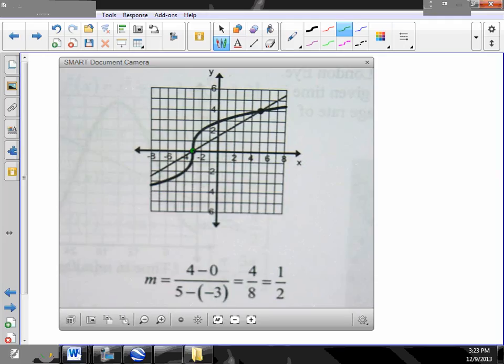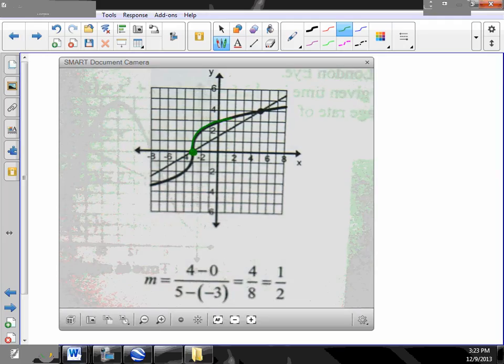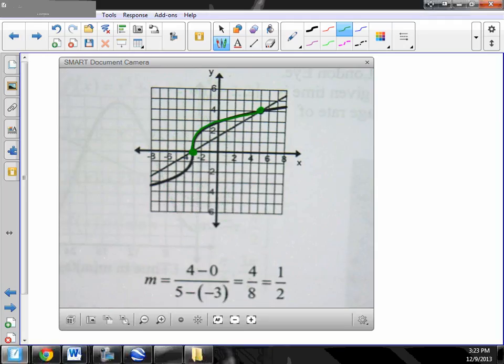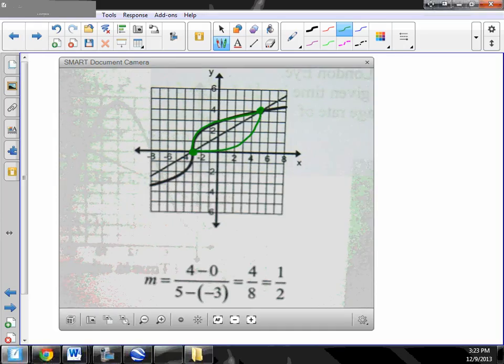If the rabbit starts running really fast and then slows down, and it gets to 4 at 5 seconds, and let's say the tortoise starts really slow and speeds up, what is the average rate of change? Well, because they started and stopped in the same place, the average rate of change is exactly the same for both racers.